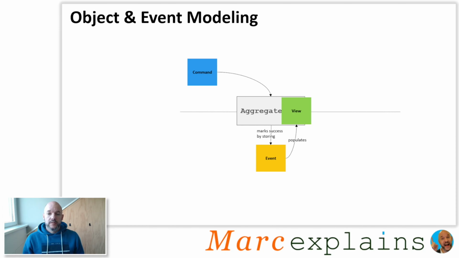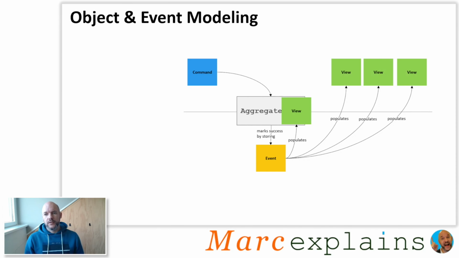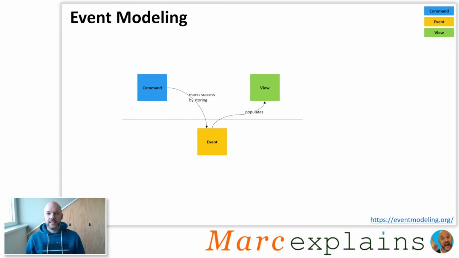And of course, once you have these events, you can populate multiple other views, probably something similar to the internal aggregate view, but they can be totally different views as well. So this is event modeling in combination with the object modeling.